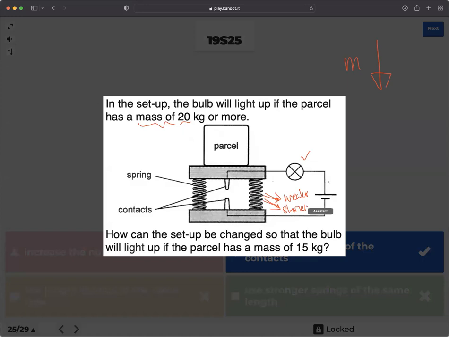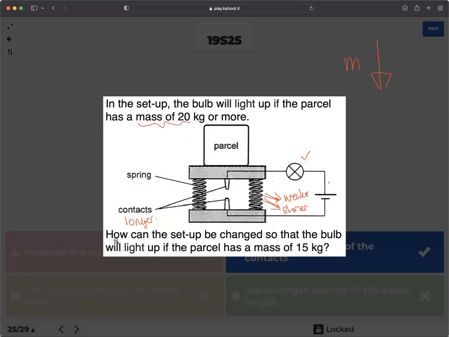Or you can change the contact to be longer. Because when you press down with less mass, there'll be less force pressing down, so you'll go down lesser. If your contact is longer with less mass, it will make a close contact, a closed circuit, and therefore the light bulb will light up.